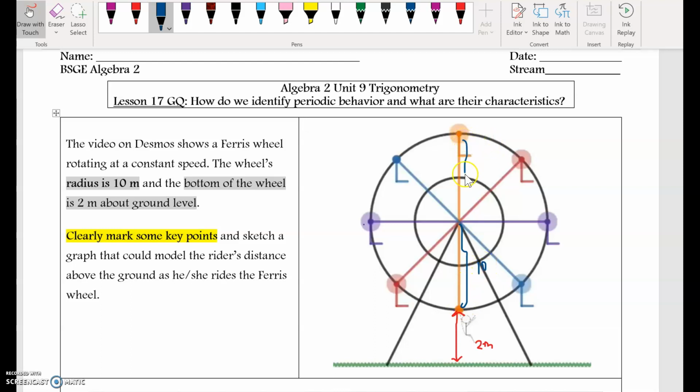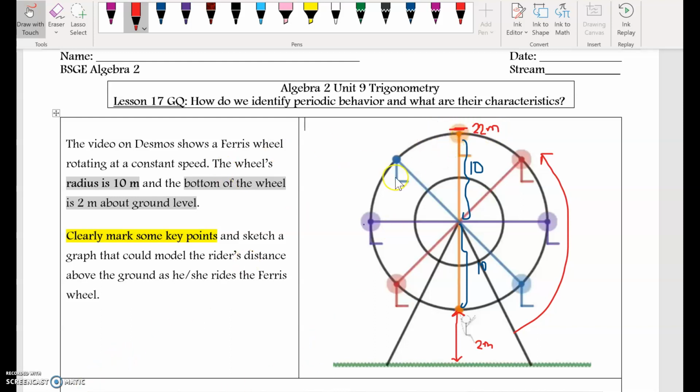So this was 10. This was also 10. So that's good. Another feature that we have is, since this is the max height as a person is riding the Ferris wheel counterclockwise, the highest point would be 22 meters high. So the 22 meters high will be the max point.